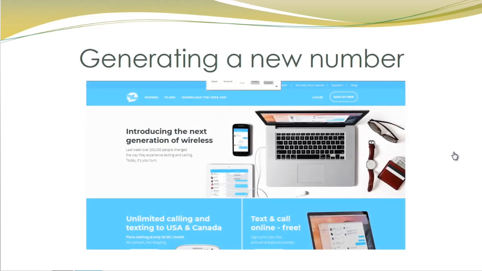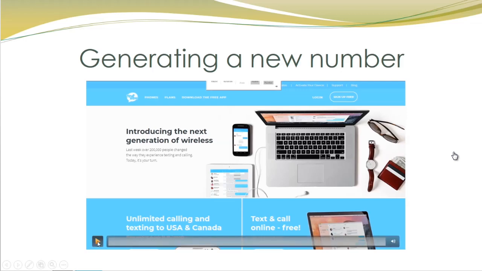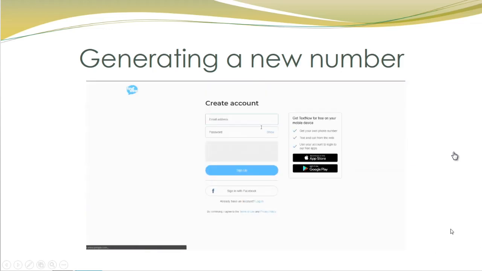Now let's move on to the most important part. You are going to see how a new phone number is generated. Click on sign up, enter your email ID and any desired password.